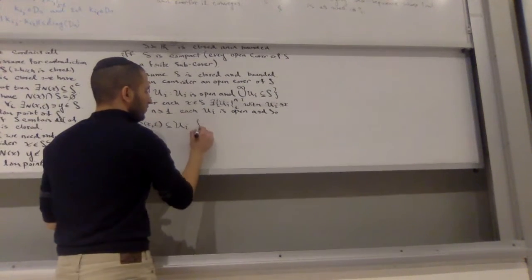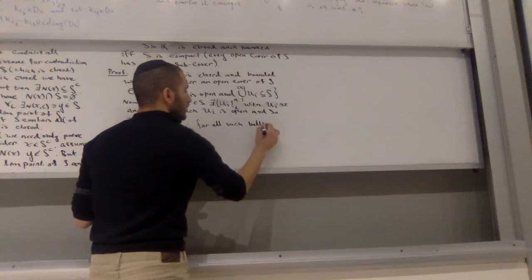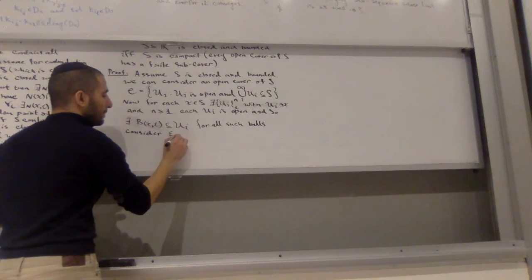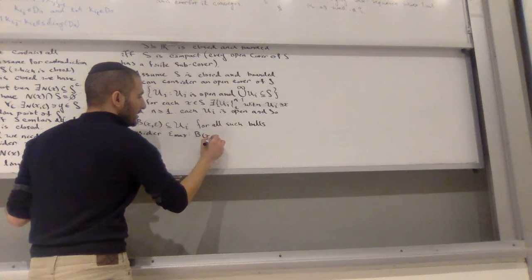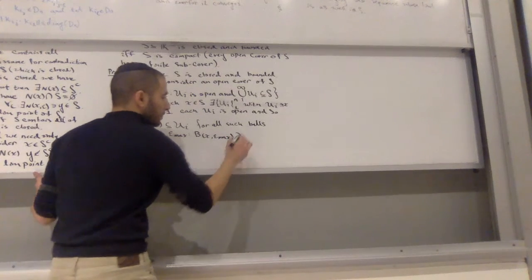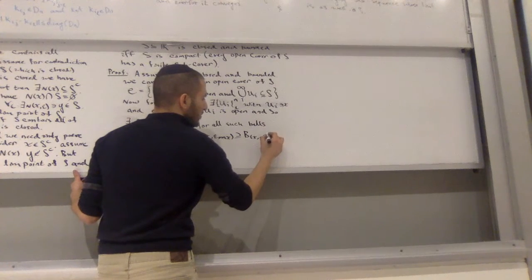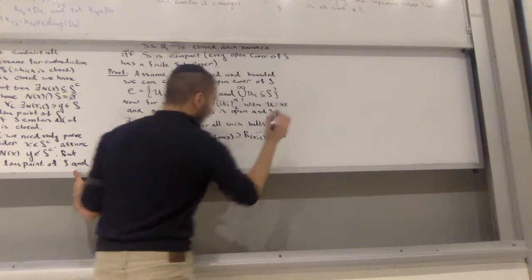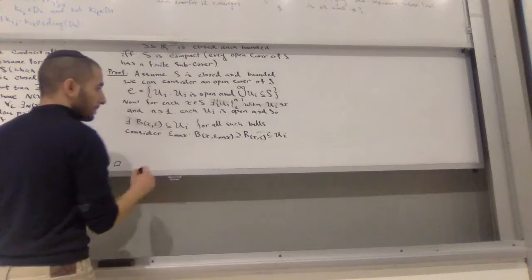For all such balls, consider epsilon max to be such that B(X, epsilon max) contains B(X, epsilon), which is contained in U_i.